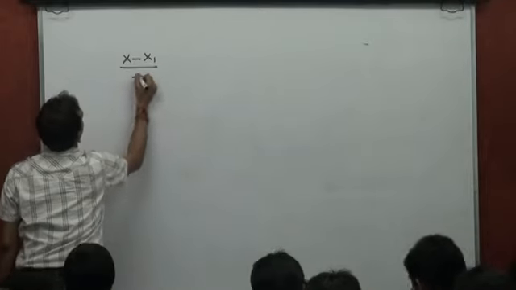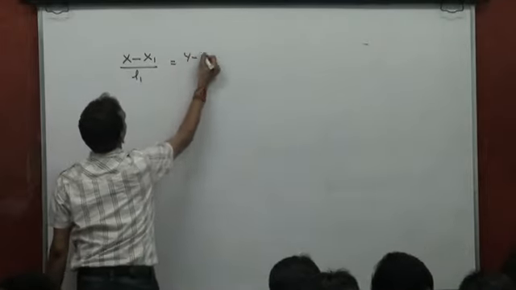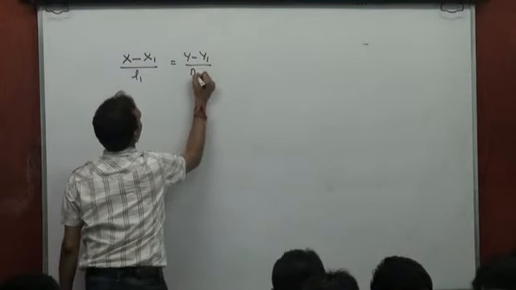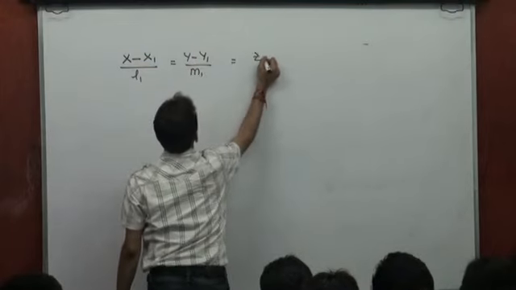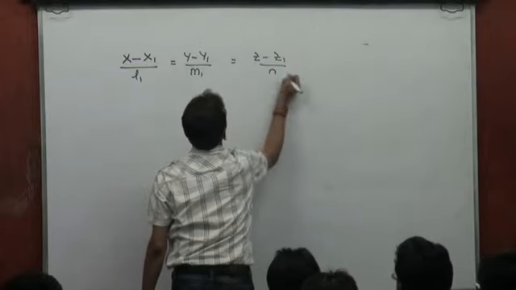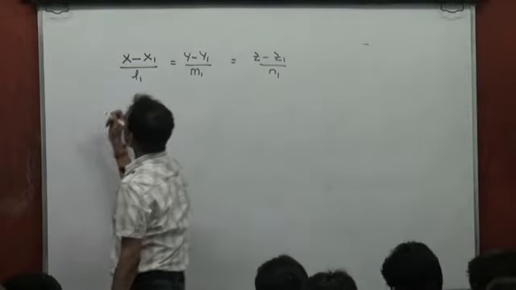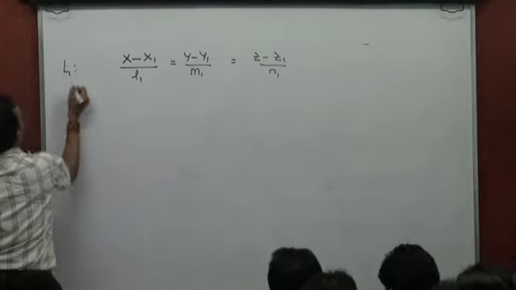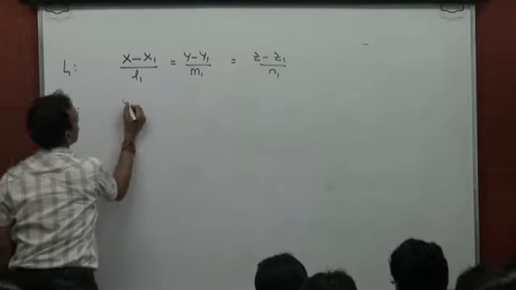Let's say we have two lines, (x minus x1) by l1, and so on. This is line L1, this is line L2.